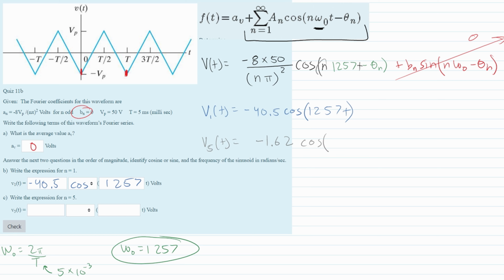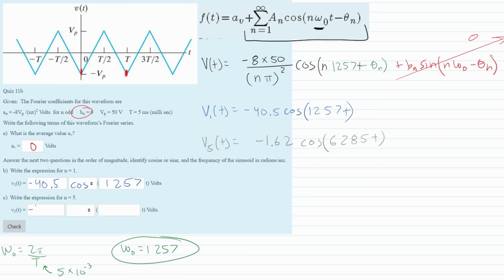We're going to have a 5 in our n right here, so we are going to have 5 times our omega. We know the omega to be 1,257. So 5 times 1,257 is going to give us approximately 6,285. And then we have our times t here. We don't have an angle, so we're not worrying about it in these.